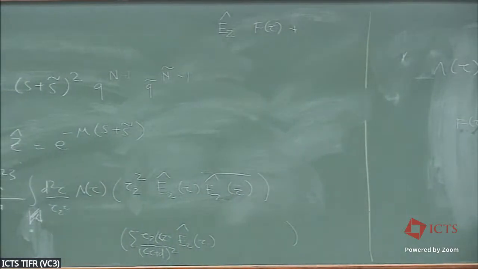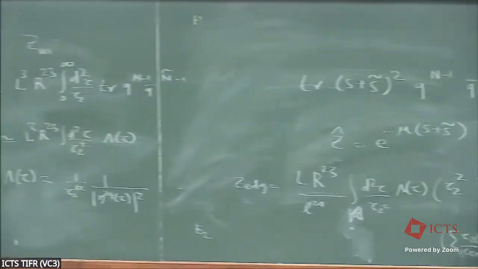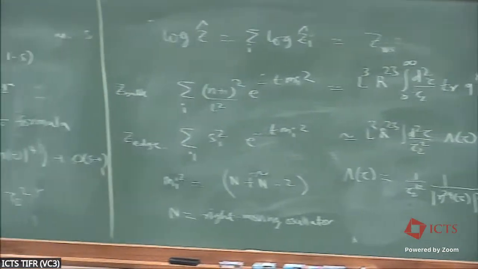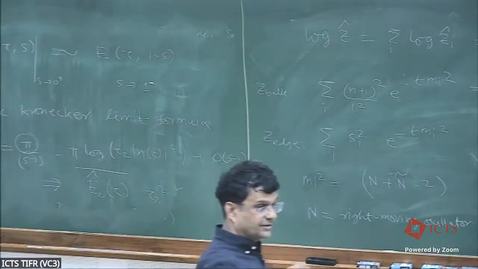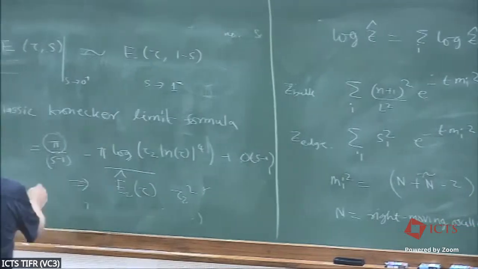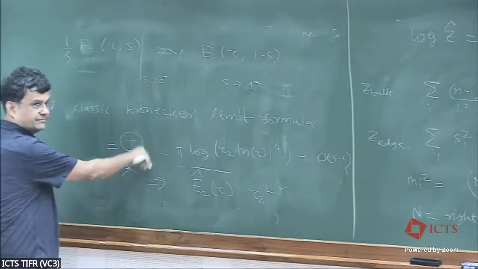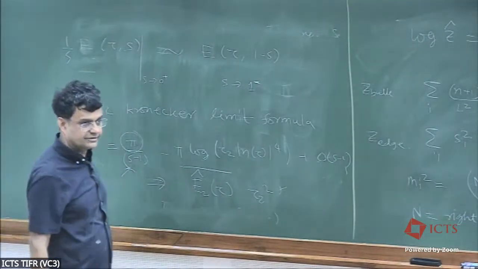Yeah, you end up getting just E2 hat, the Eisenstein series without the differential operator acting on it. So you basically end up getting this divergent term. And we don't know how to interpret this divergent term.